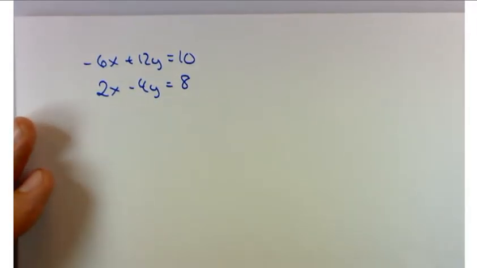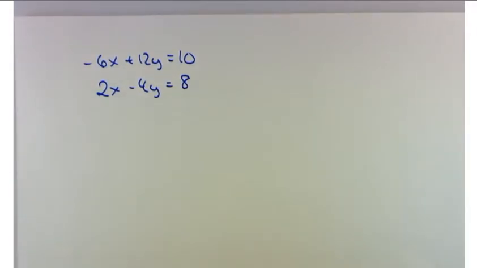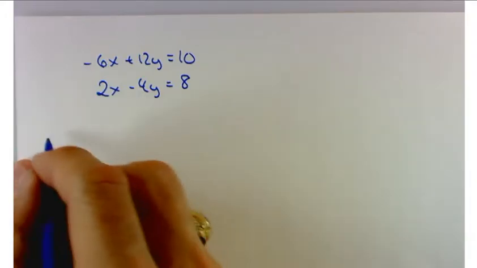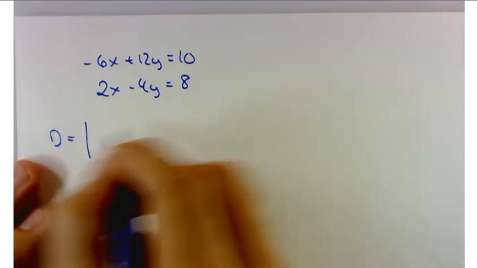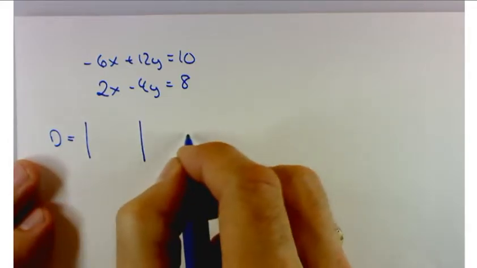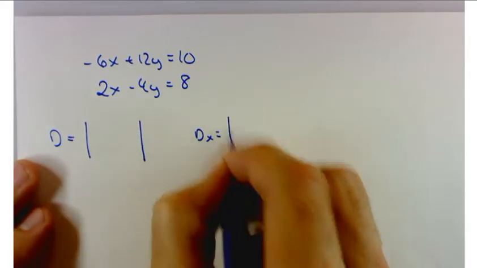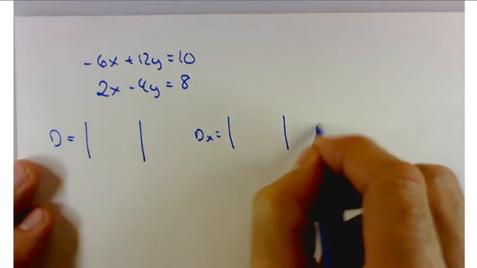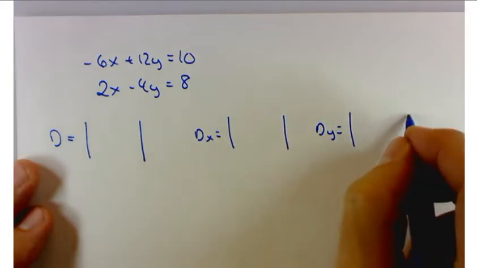What I'd like you to do, and I'll walk around and try to help out, is set up the matrices here. D, Dx, and Dy, and take the determinants of those. So find those determinants.